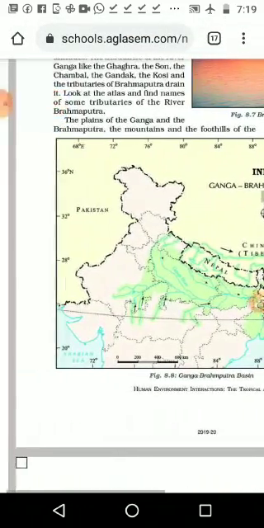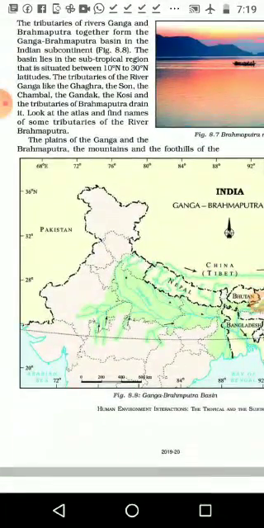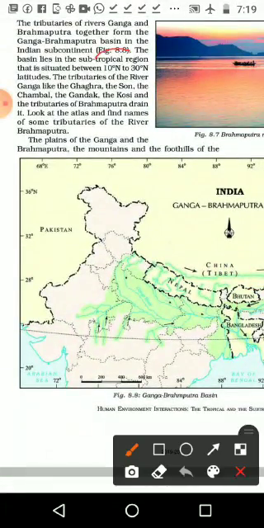Again it is helping other rivers also. The canal system, the deltas and other things altogether come in the area of 10 degree north to 30 degree north. In other words, we can say 20 degree north to 30 degree north, and that is known as the subtropical region.